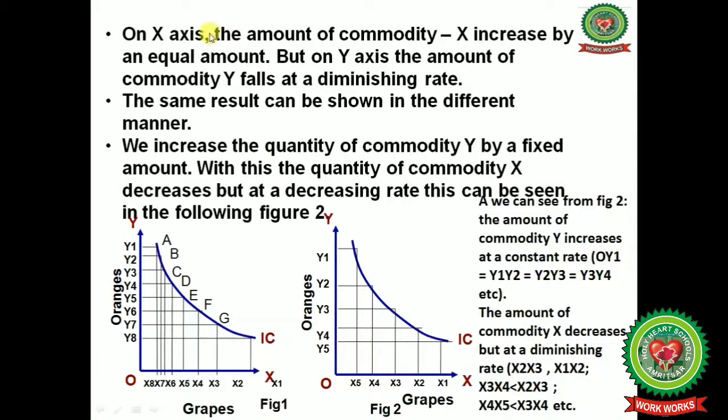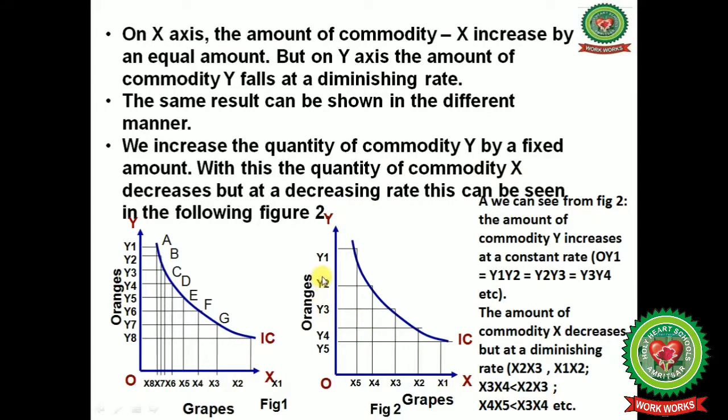Next, on the x-axis the amount of commodity X increases by an equal amount, but on the y-axis the amount of commodity Y falls at a diminishing rate. The same result can be shown in a different manner. We increase the quantity of commodity Y by a fixed amount, with the quantity of commodity X decreasing but at a decreasing rate. This can be seen in figure 2 here.